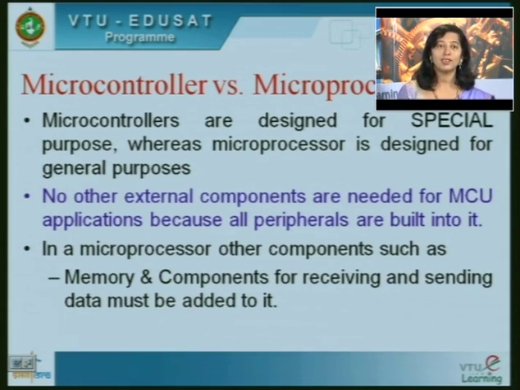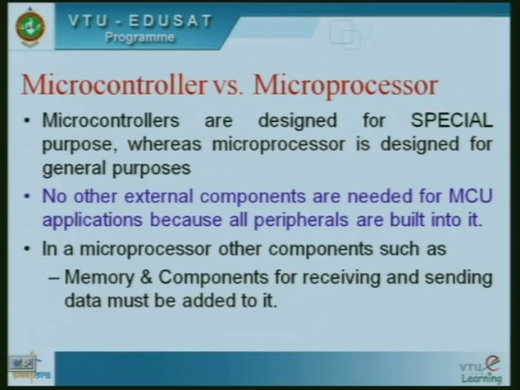A microprocessor board will come as a general purpose board where everything is external: memories are external, and all other peripheral interfacing devices are externally connected, whereas in a microcontroller everything is there on a single chip.